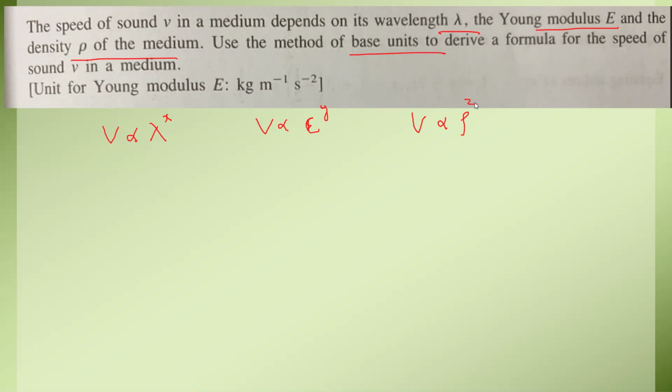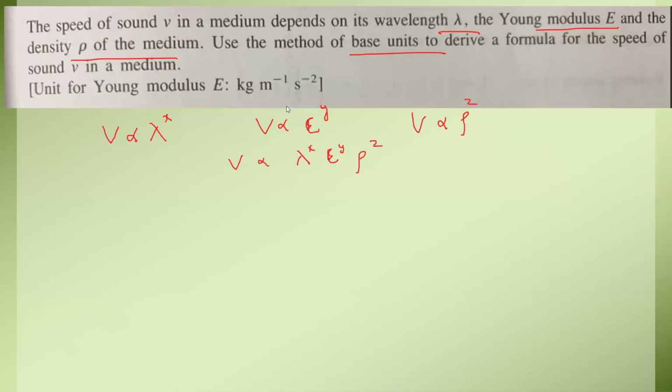We can say that speed of a sound is proportional to all of these factors. So I can say that speed of a sound is proportional to lambda raised to power x, the Young's modulus raised to power y, and the density raised to power z.